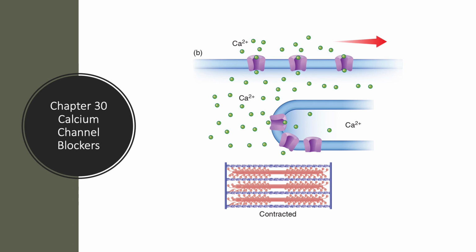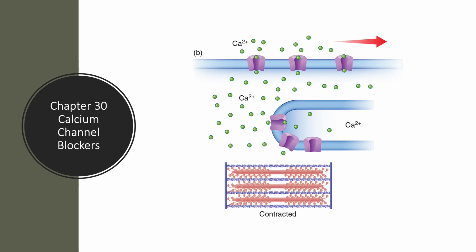Some calcium channel blockers just block the calcium channels in the arterioles. They don't touch the heart. And some calcium channel blockers block the channels in the arterioles and the heart. Okay, so when we're thinking of calcium channel blockers, we always have to split them into two groups. The group that only causes vasodilation because it stops vascular smooth muscle contractions, and the group of calcium channel blockers that does both.